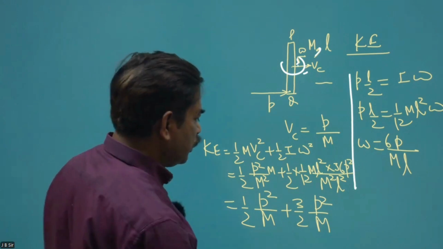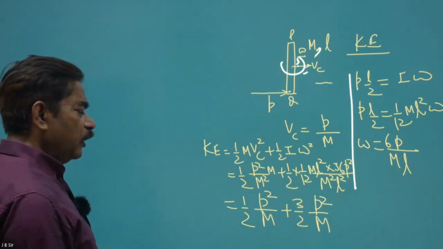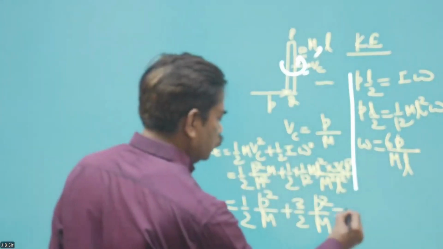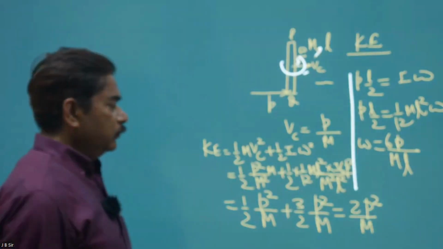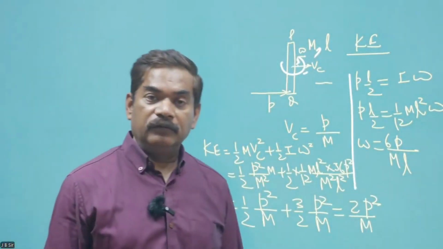So 3 by 2 P square by m plus half P square by m. This equals 2P square by m. This is the kinetic energy.